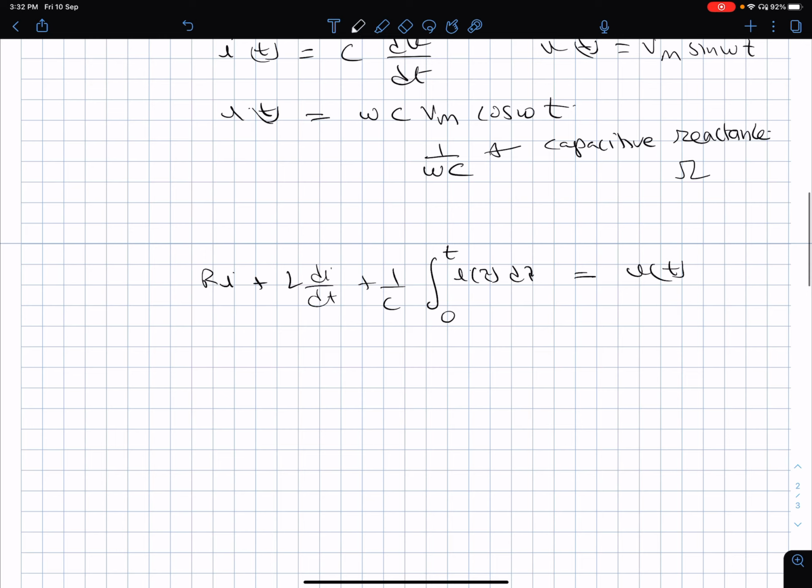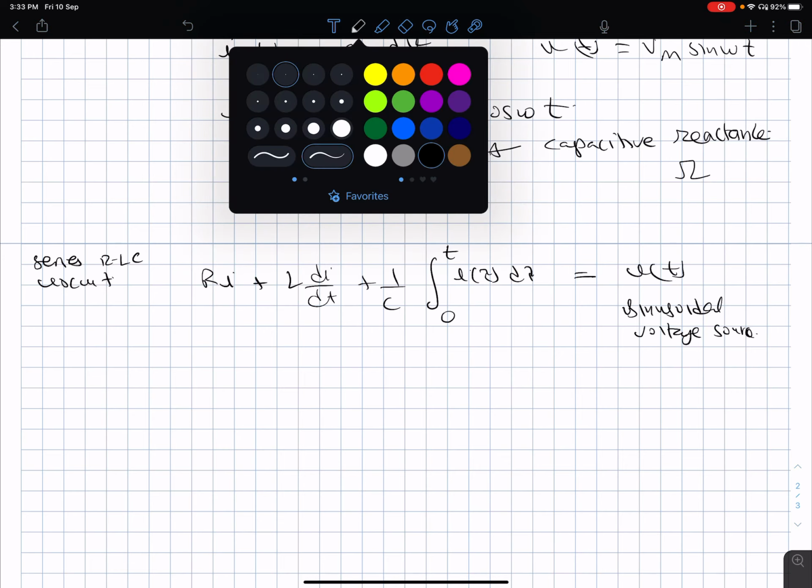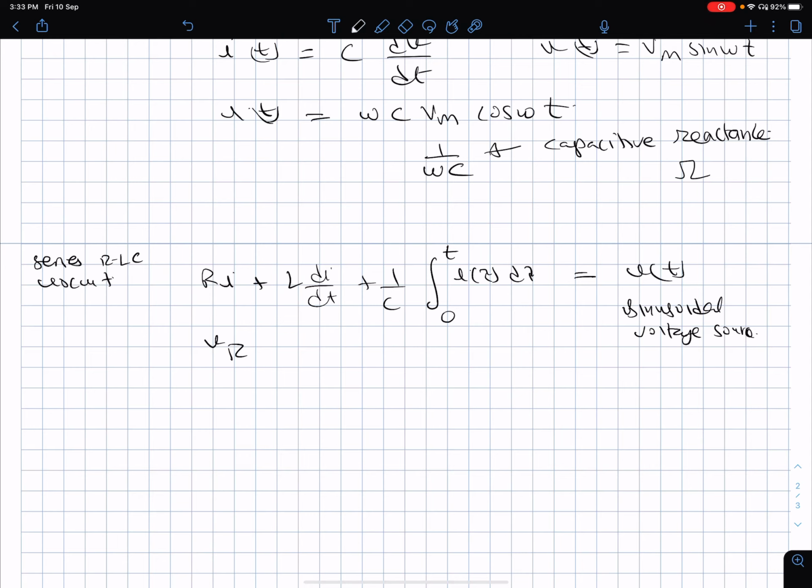This is the differential equation of a series RLC circuit. The right hand side is our forcing function, which in our case is going to be a sinusoidal voltage source. And this is basically Kirchhoff's voltage law, VR plus VL plus VC is equal to v(t).